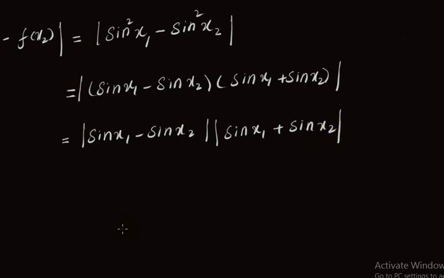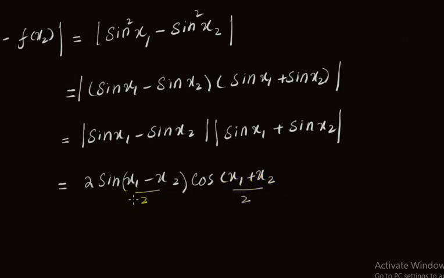Now we have two relations for sine x1 and sine x2. By using these, sine x1 minus sine x2 can be written as 2 times sine of x1 minus x2 by 2 and cos of x1 plus x2 by 2, mod.